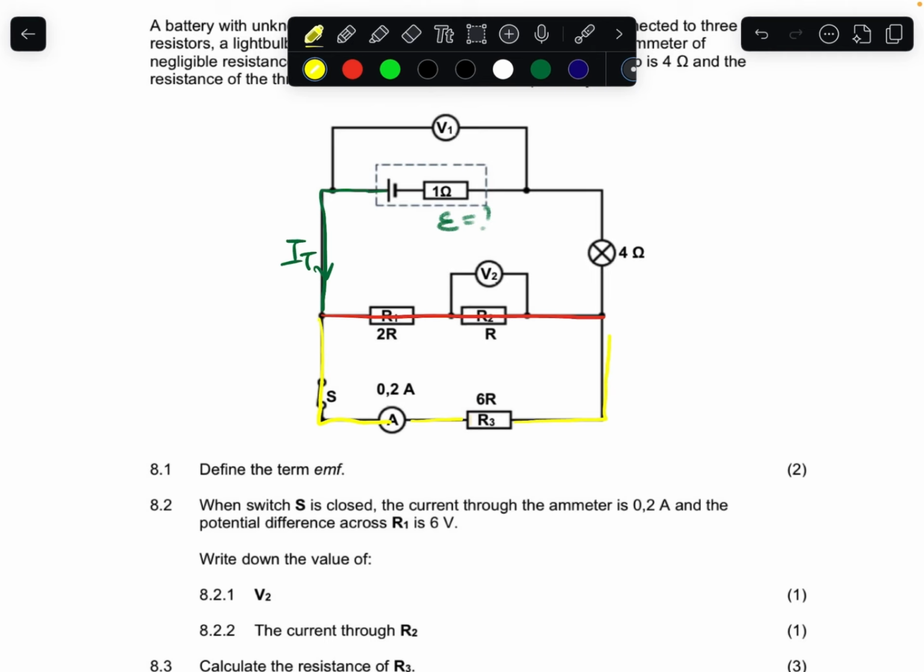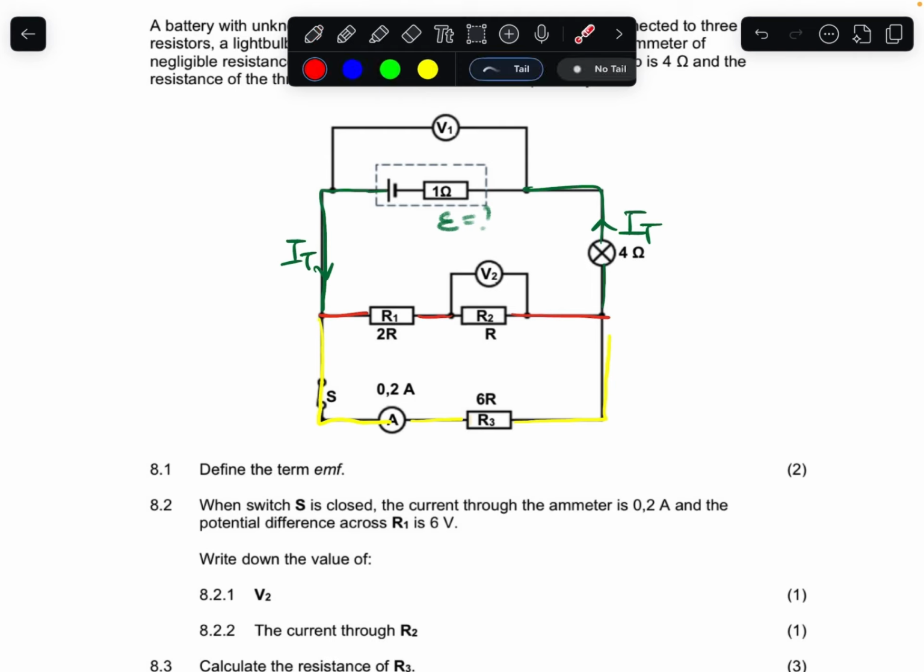It's very important. And then it combines again. It's a total current that passes here, right? So what we have is a total current. The current there is split, right?